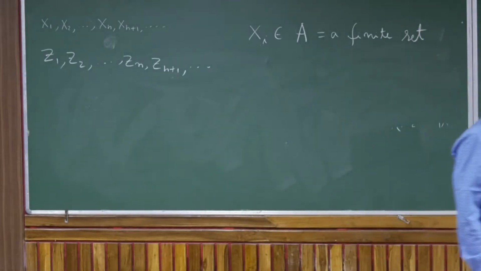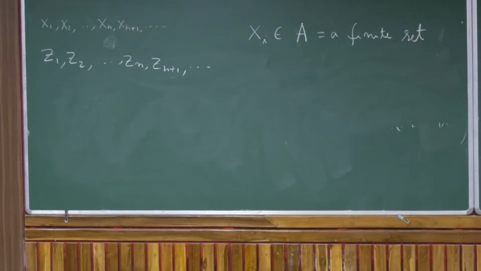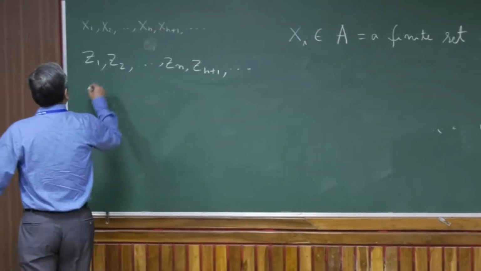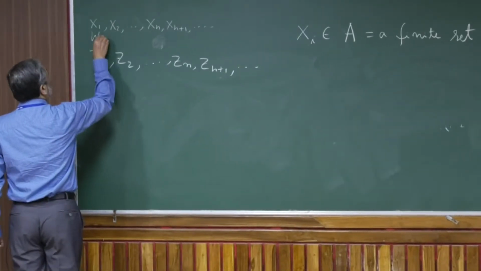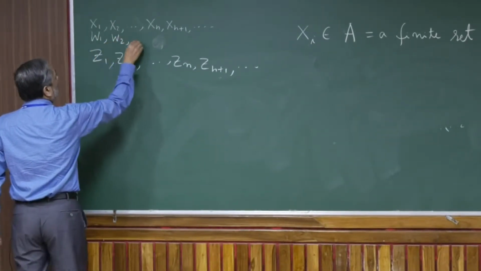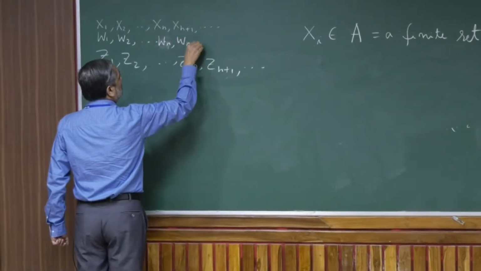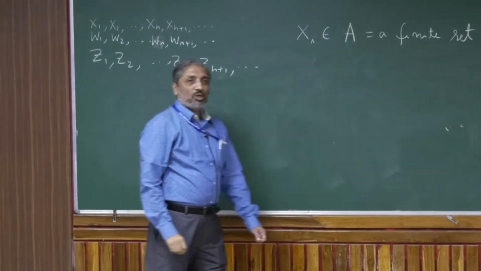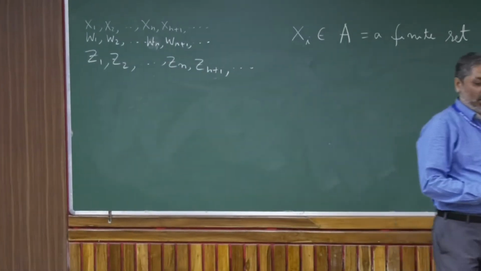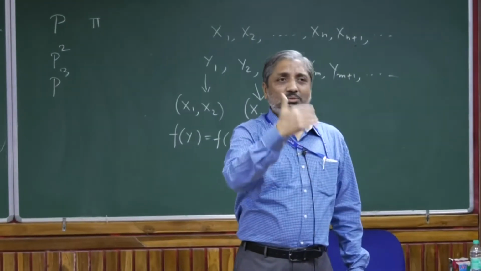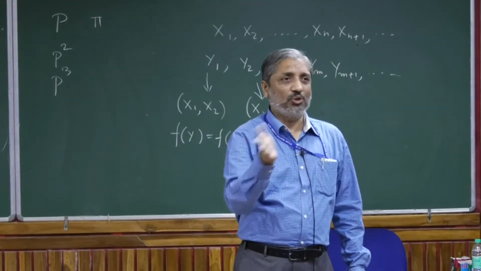All these Xi's are taking values in that set A, and there is another process, which I'll denote by, let's say, W, which controls the copying mechanism. If Wi is equal to 1, then you just copy Xi to Zi. You don't alter it.